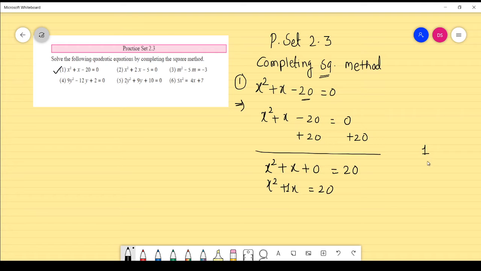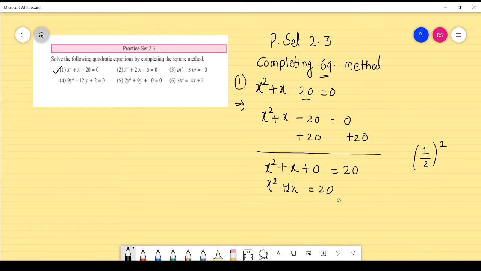So that is the next important step, right? Taking that coefficient, divide it by 2, or you can multiply by 1 by 2. I'm just dividing it by 2 and making it a square.